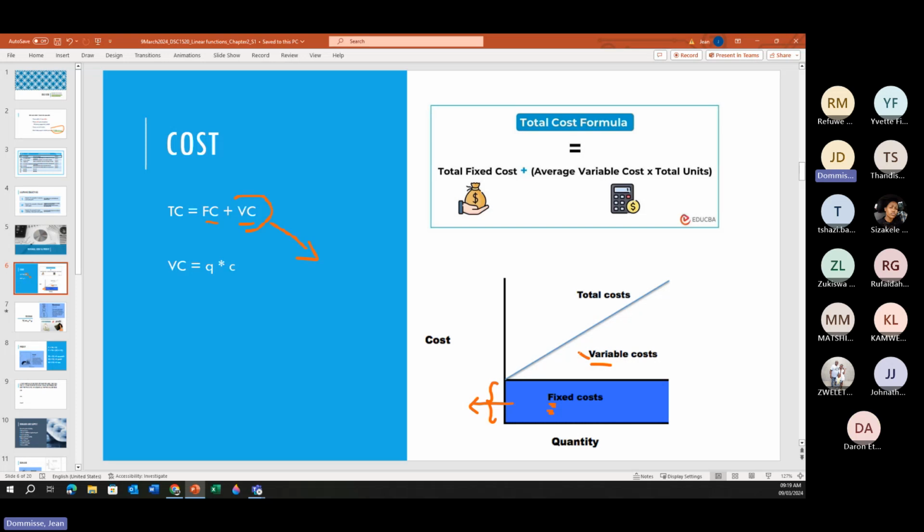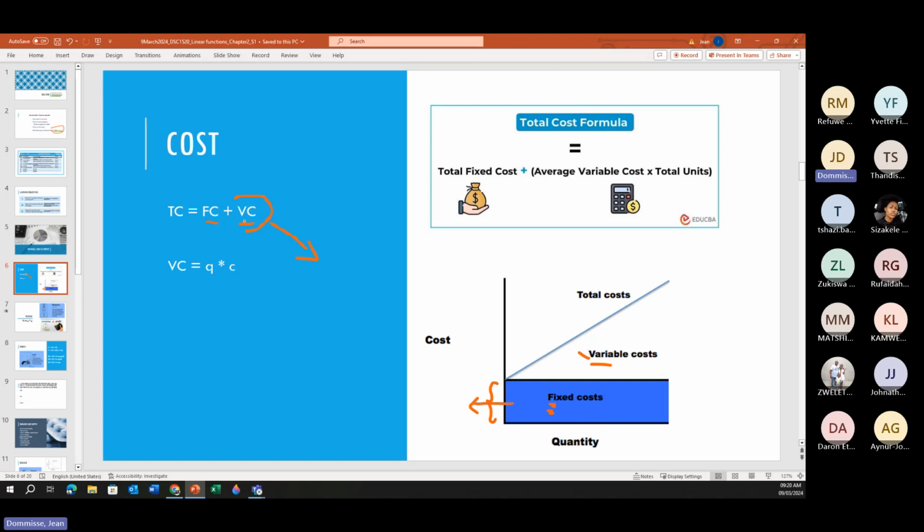They will simply say you've got a fixed cost of 5,000 Rand, and then a variable cost of 20 Rand per item that you make. You don't need to know what is underlying the fixed and variable cost. You just need to know the principle behind it.